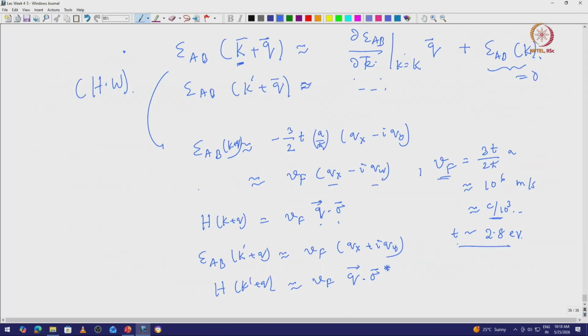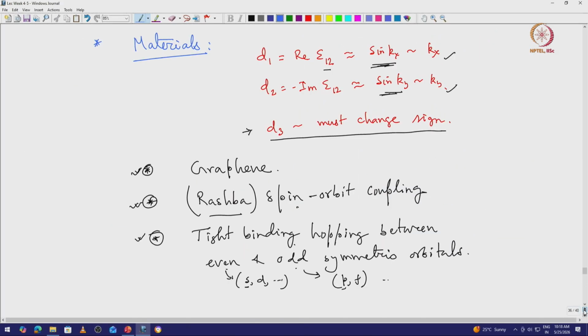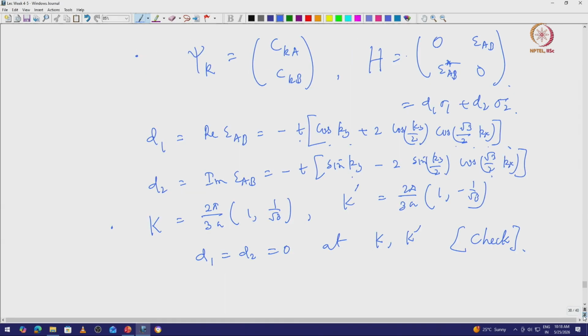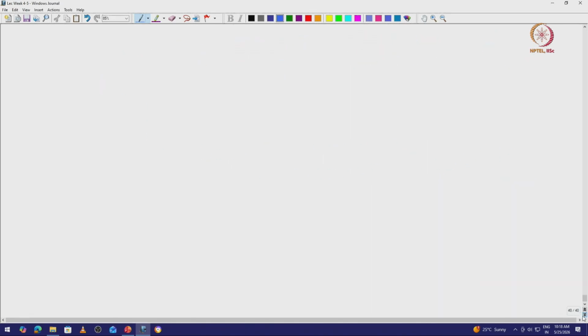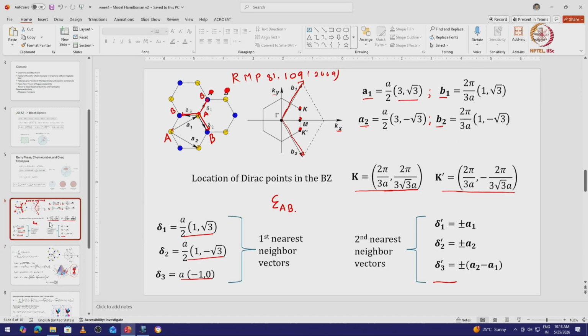Okay. So, we have now achieved the sort of dispersions we wanted, but this remains, and there is no d3 term. If you take the second nearest neighbor hopping, you will get the same term for hopping in the diagonal term for A and B sublattice, and the same term does not give us d3.